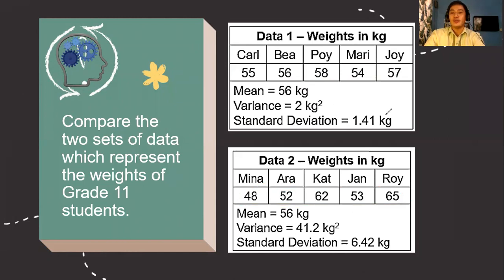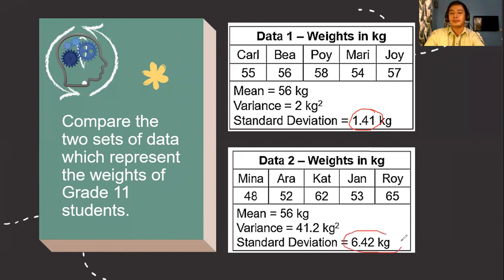That is why, observe the computed standard deviation. How did we obtain the standard deviation? We simply get the square root of 2 and the square root of 41.2 kilograms. And then we get 1.41 and 6.42. As I've told you, the closer your responses are, the smaller the standard deviation is.